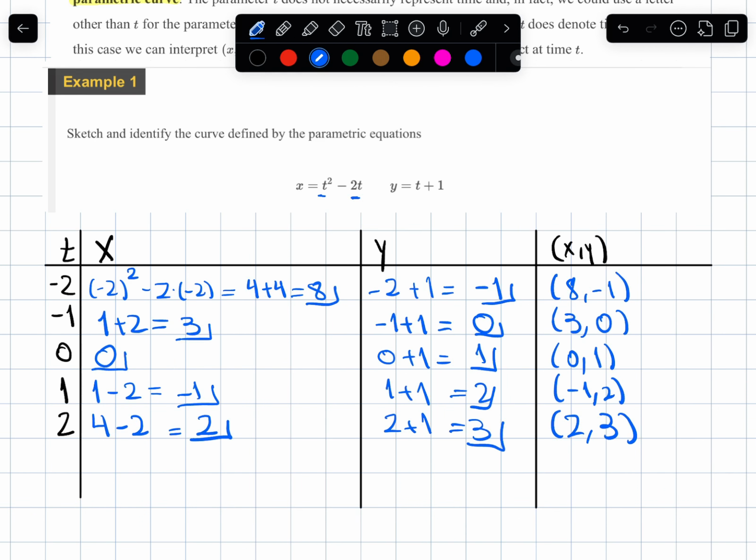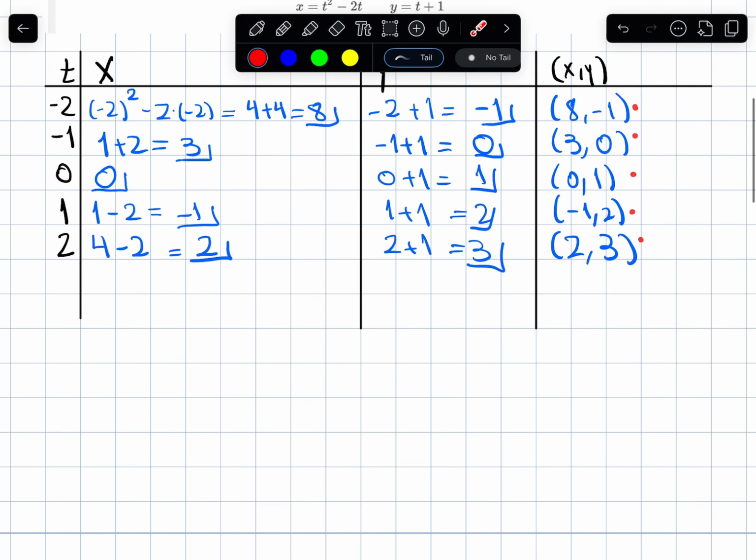How does that help me trace out my curve? Obviously, just plot these points in the xy plane, with one extra caveat to keep in mind. So I'm going to go ahead and draw an xy plane somewhere here below.